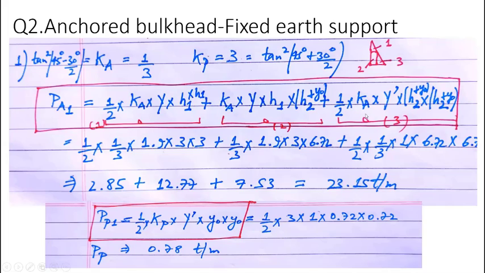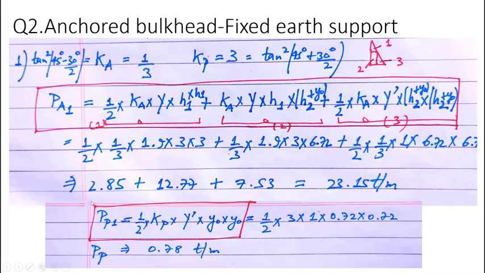So half Ka gamma dash, and it acts over H2 plus Y0. Okay, into this height. So this is H2 plus Y0. Okay, so we can calculate these things and it comes out to be 23.15 ton per meter, per meter length of the wall.